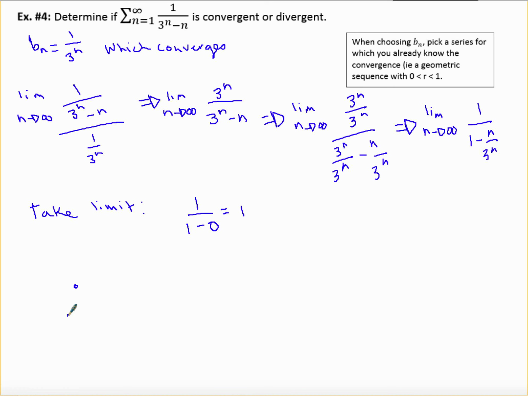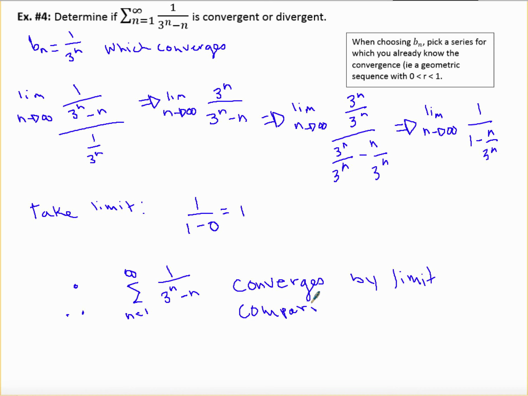So therefore, the sum from 1 to infinity of 1 divided by 3 to the n minus n converges by the limit comparison test. And that's it, we're done.